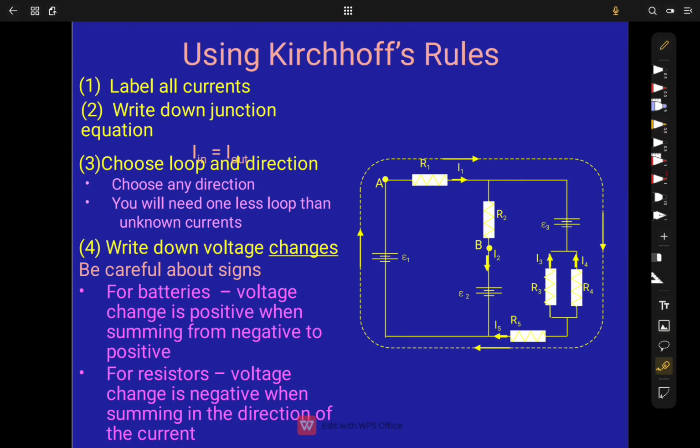So, dito, pinapakita lang yung ating Kirchhoff's rule. So, ang sabi dito, yung unang step natin is to label all the currents kung saan magpo-flow yung ating current. So, dito meron tayong I1, then dito I2, then dito we have the I3, we have the I4, papunta sila daw dito sa way na to, and then we have I5 here.